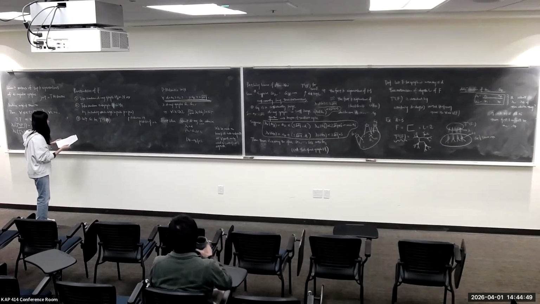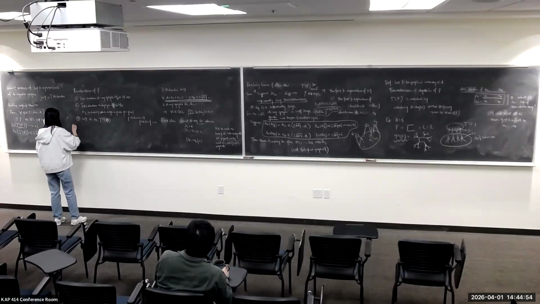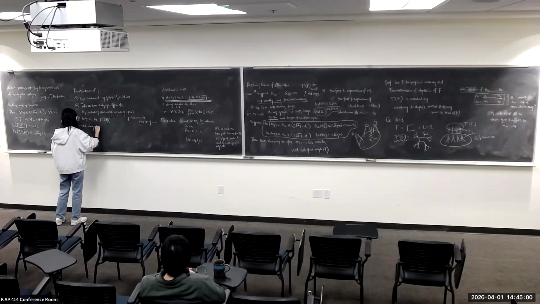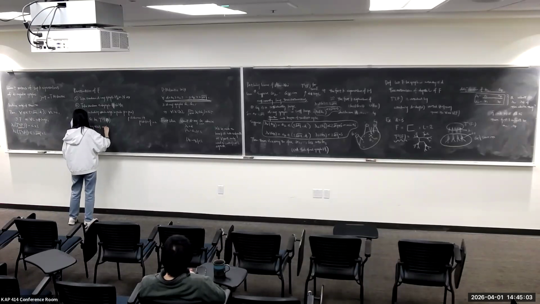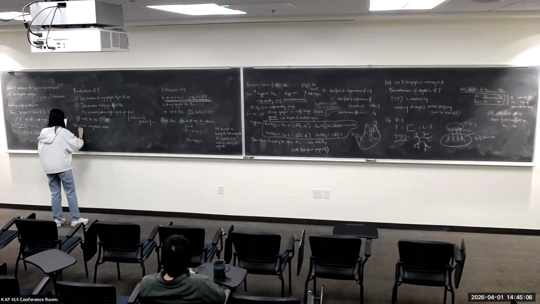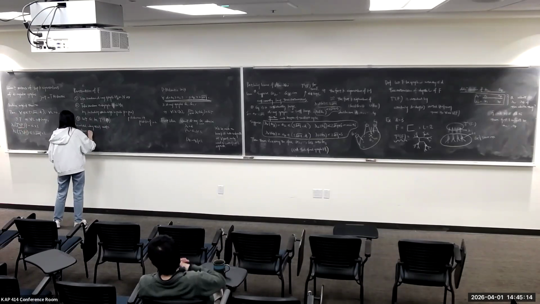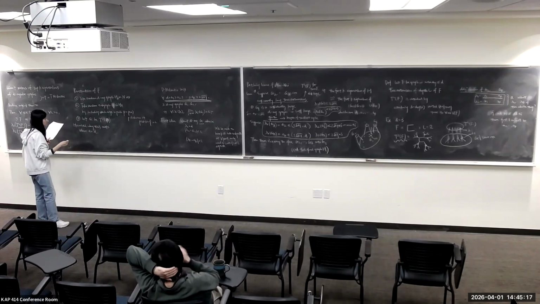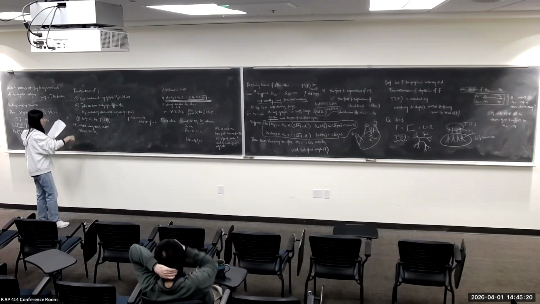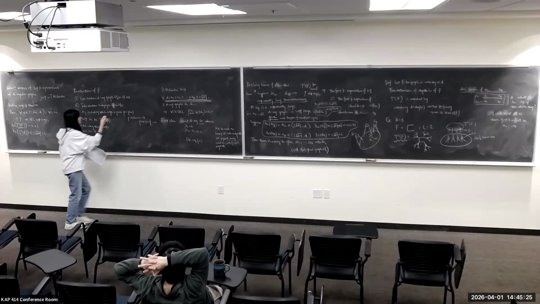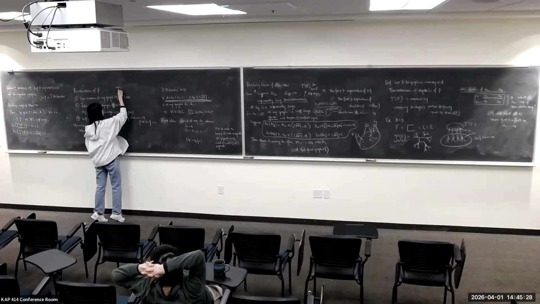Okay, so maybe some heuristic: why are we doing this? Heuristic of why this works. When I want a to be d, which means I want my first eigenvalue to be d, then I don't need to remove anything, right? So I will just take a random d-regular graph. First of all, what is the tree extension of a d-regular graph?